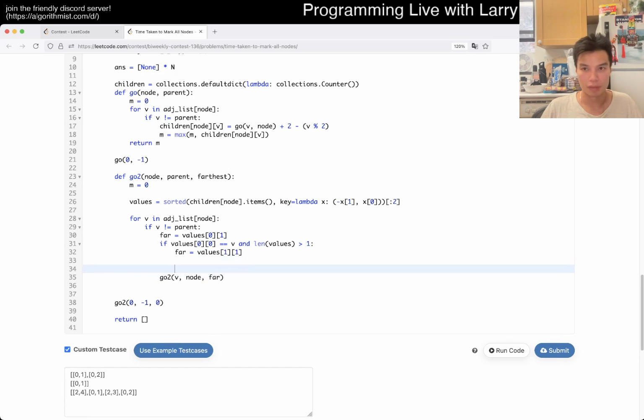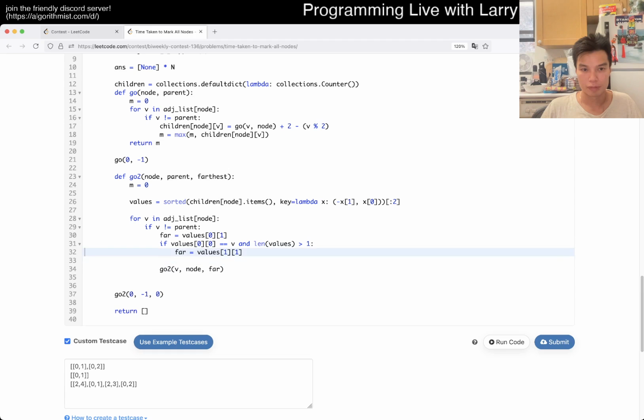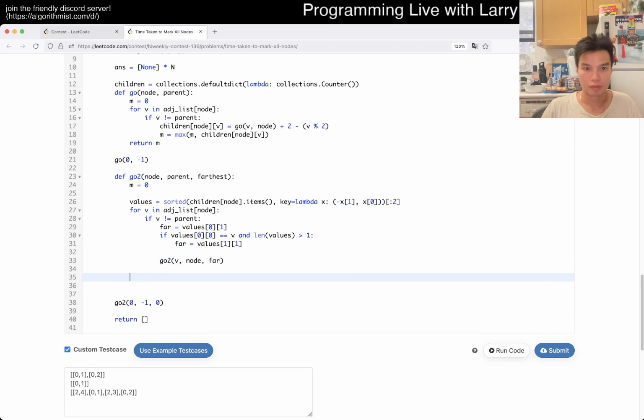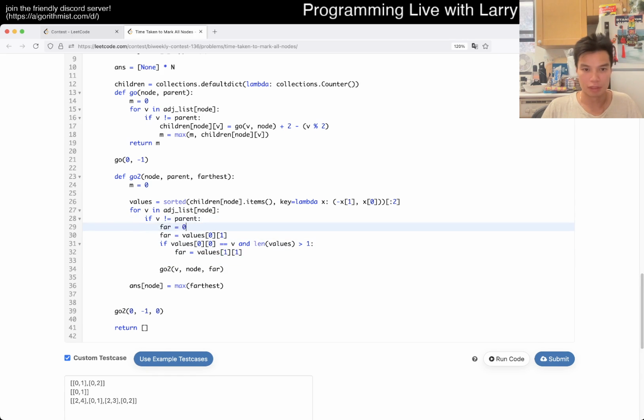Okay, but then now, whatever, let's just write it this way.